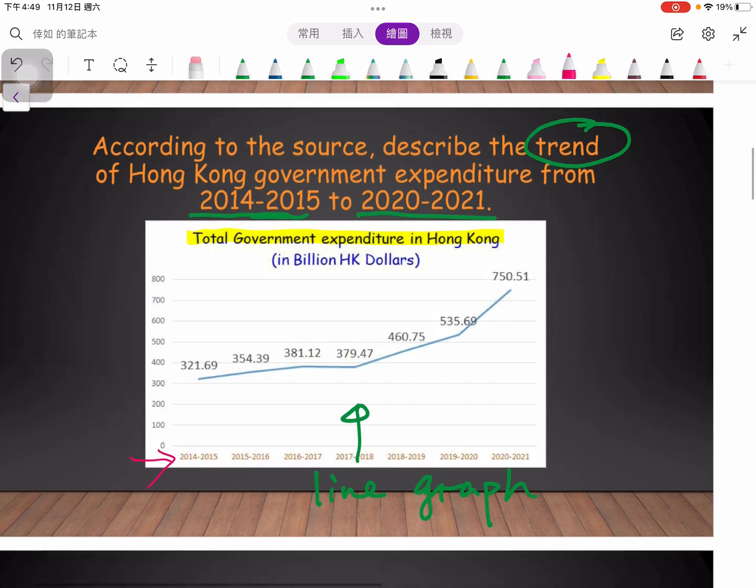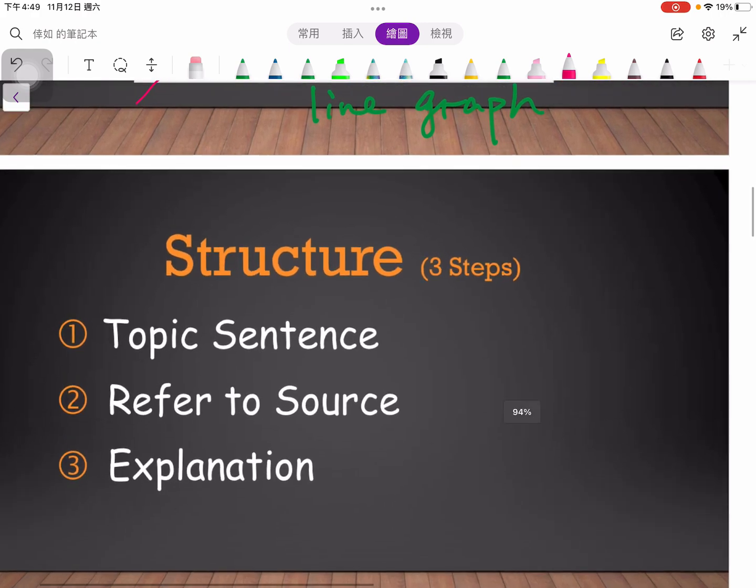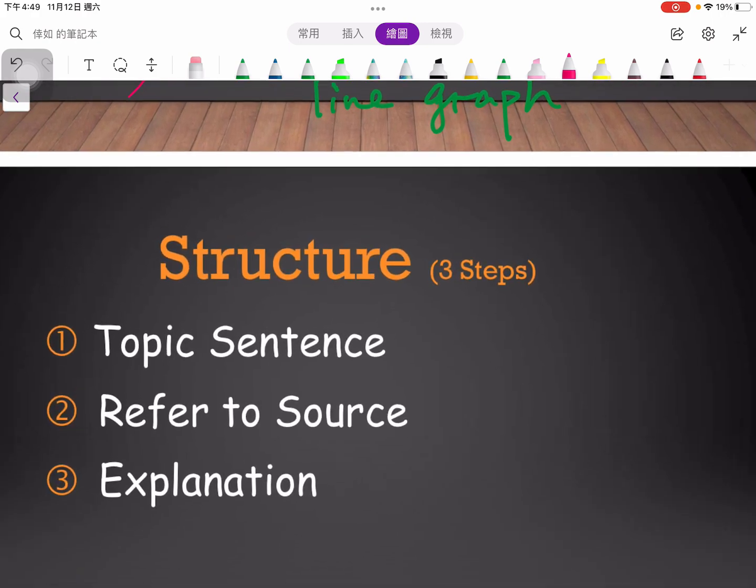Okay, so before we go into details, let's talk about the structure on how to describe the trend. We have three steps to describe the trend. First of all, we have to write the topic sentence. When we talk about topic sentence, that means either you have to write the trend should be increasing or decreasing.